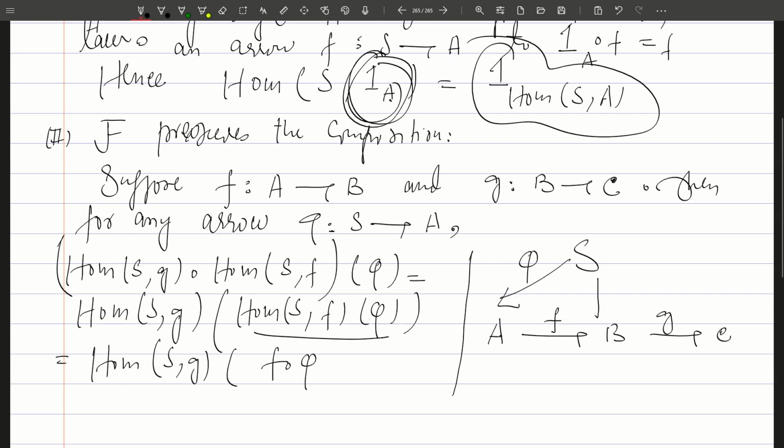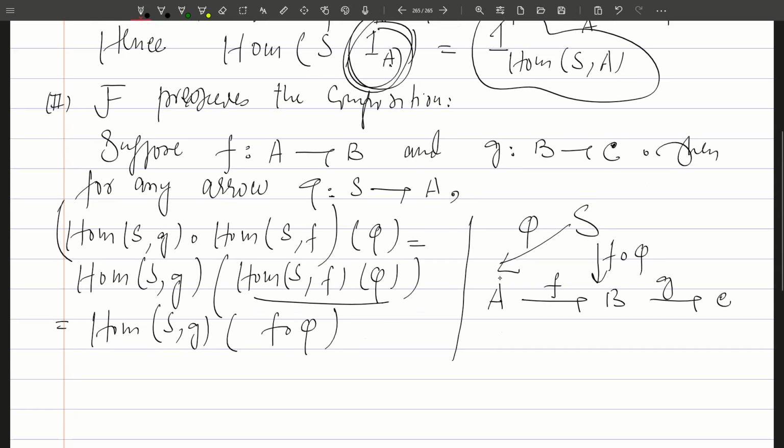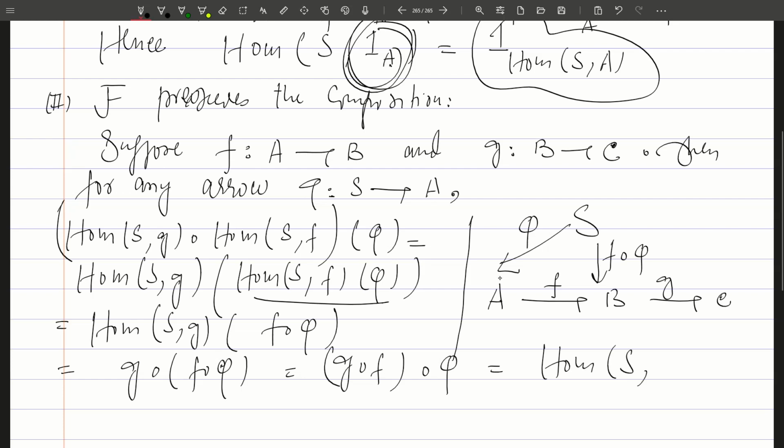So this is the map f composite phi. And this is same as g composite f composite phi. Which is same as Hom(S, g composite f) of phi. So that means this composition is same as this thing over here. So that means this Hom is a functor because it preserves the composition as well.